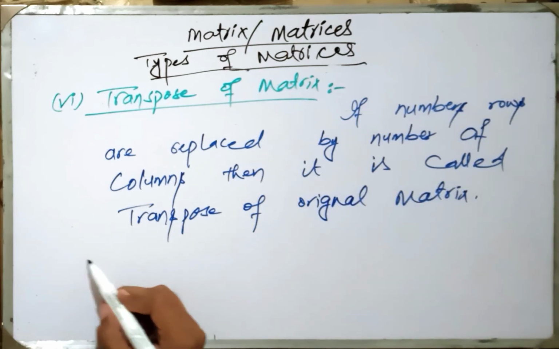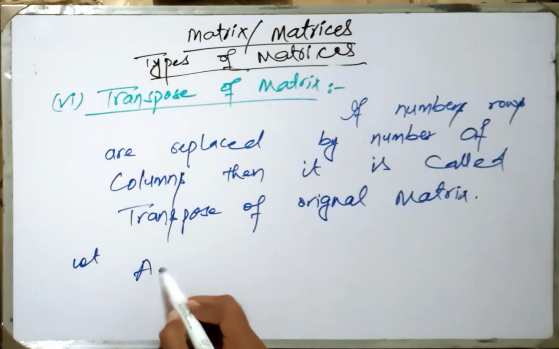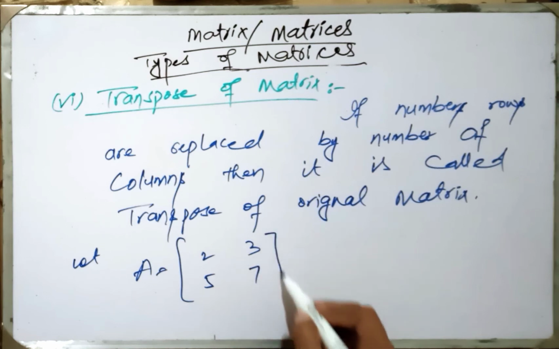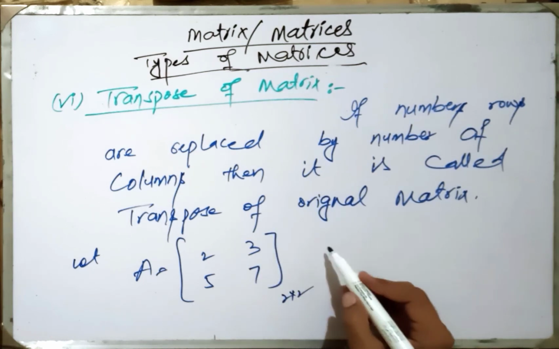For example, let A be a matrix 2, 3, 5, 7, which is 2 cross 2.